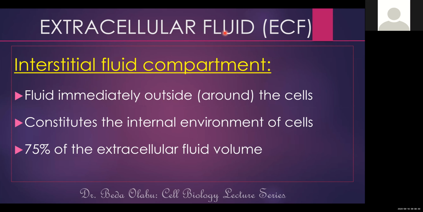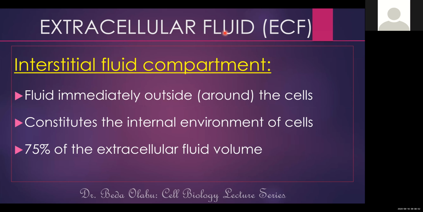Then I got 18 liters, the extracellular. In the extracellular, you said it constitutes 75%. Therefore, I took 75% of 18, which is 13.5. Very good. Thank you, Kevin. So that's how to get it.